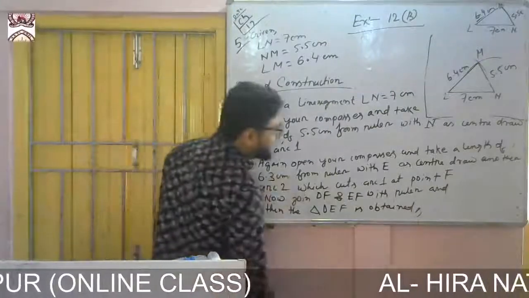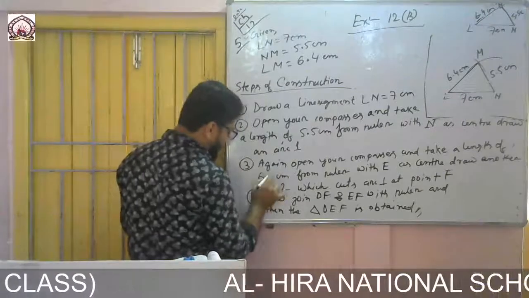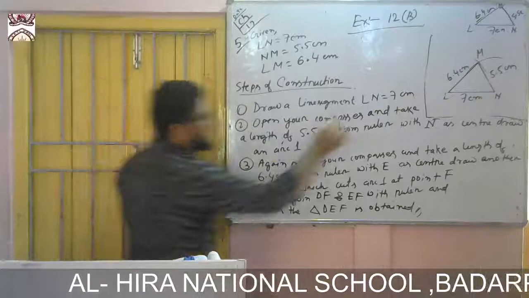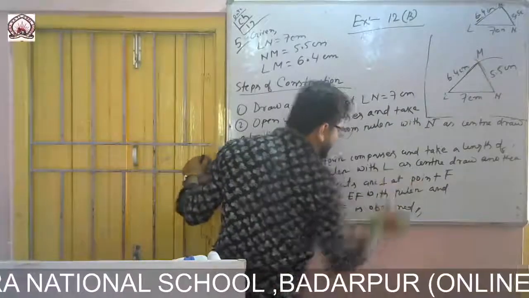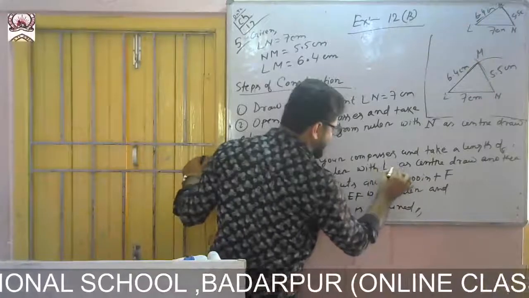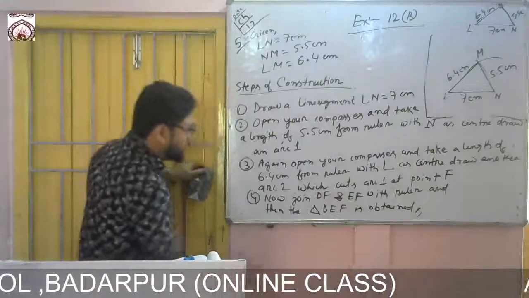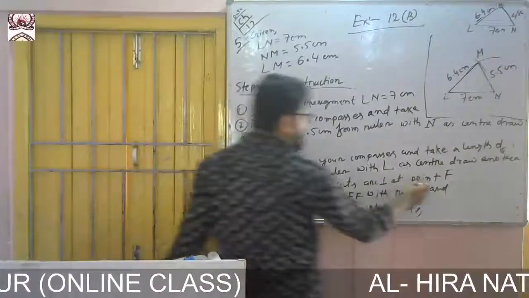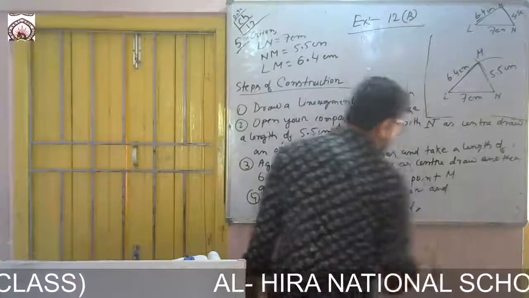Again open your compass and take a length of 6.4 centimeter from the ruler. With L as center, draw another arc 2 which cuts the arc 1 at point M.